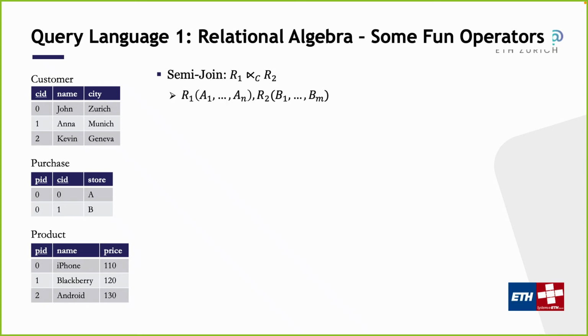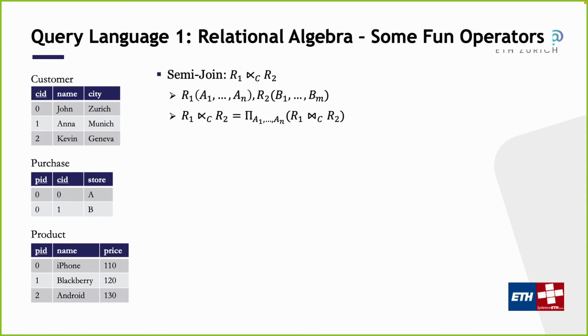So the semi-join between two relations, you have R1, you have R2. Each one of them has different attributes, A1 to AN, B1 to BM, right? The semi-join between these two is the following. I do a theta join between these two relations, R1 theta join R2, and then I project to all the attributes of R1 only.